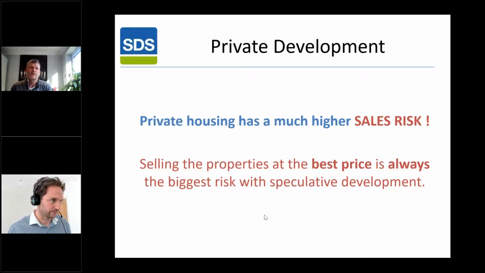Private housing has a much higher sales risk. Selling properties is the risk element that comes in. What's the value of that property? Always we're trying to sell at best price, and that is the main element that speculative development has to grapple with. So it has to be aware of that.